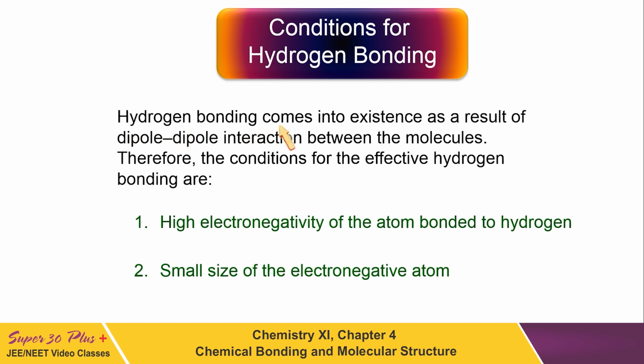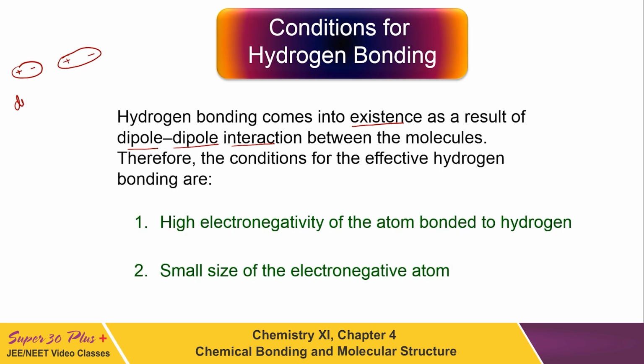Hydrogen bonding comes into existence as a result of dipole-dipole interaction. What is dipole-dipole interaction? Suppose, students, this is a dipole. In this dipole there is a positive charge and a negative charge. This is another dipole. Again it carries a positive and a negative charge.